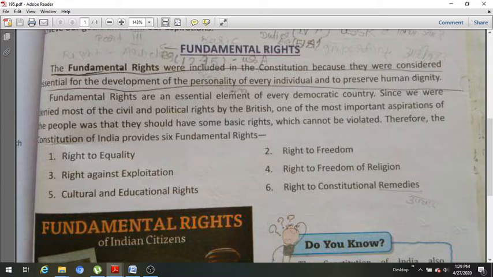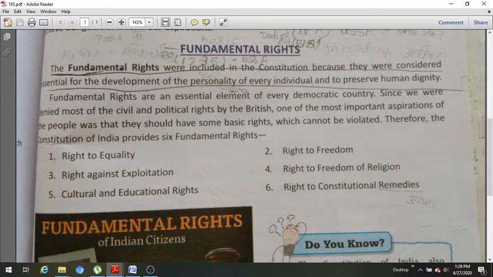One of the most important aspirations of the people was that they should have some basic rights which cannot be violated. Those fundamentals which have been given in the Constitution cannot be violated in any case. No one will be allowed to violate those rights.